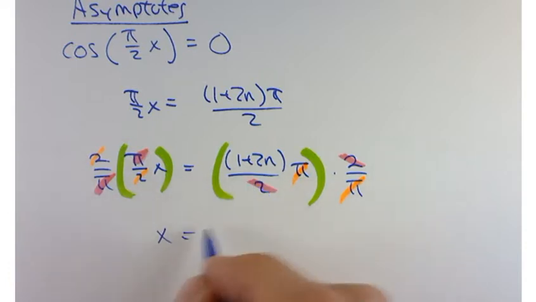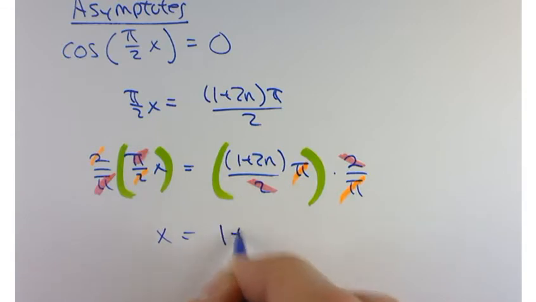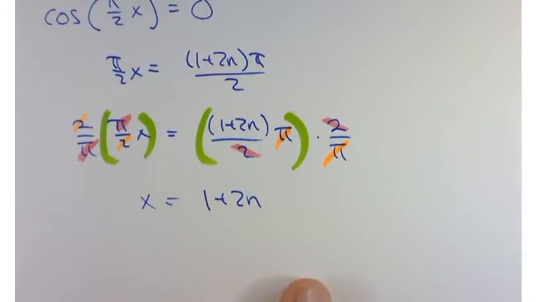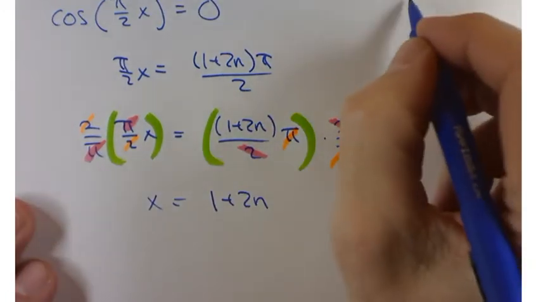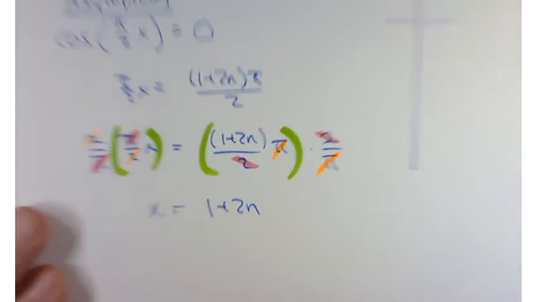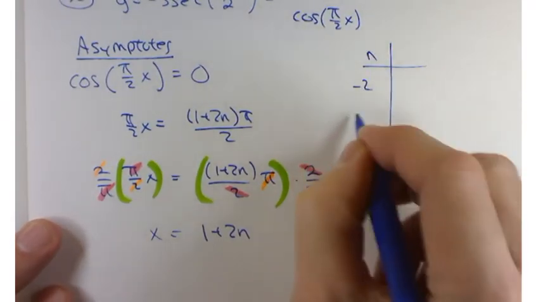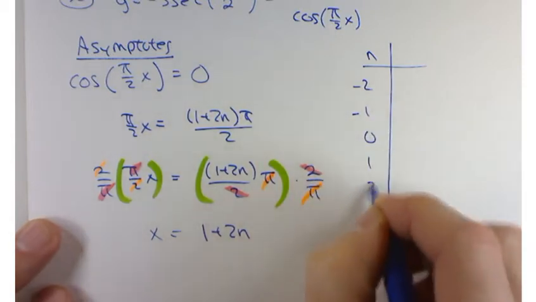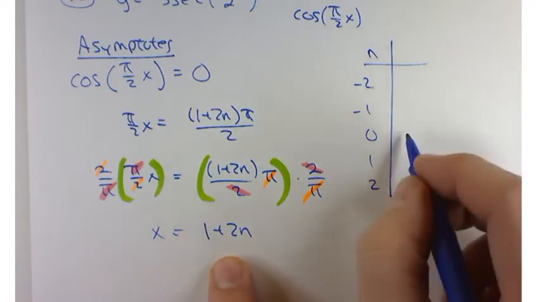So on the right-hand side, what are we left with? 1 plus 2n. Now keep in mind that n is an integer. N is just numbers like 0, 1, 2, 3, etc. So if I do a little table like I did just a minute ago and plug in different values of n, -2, -1, 0, 1, and 2, let's see what kind of values I get.